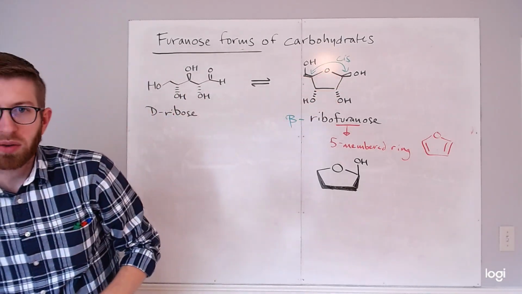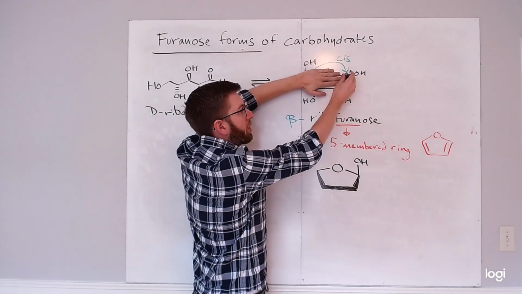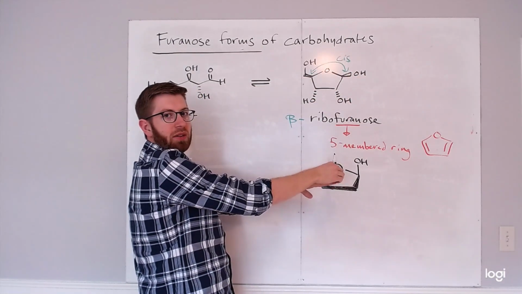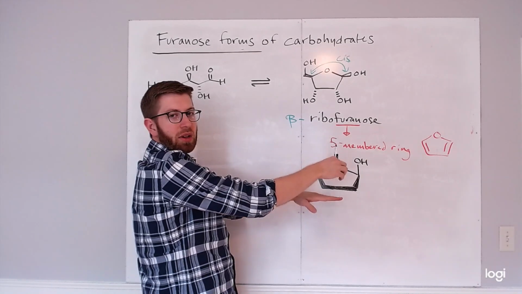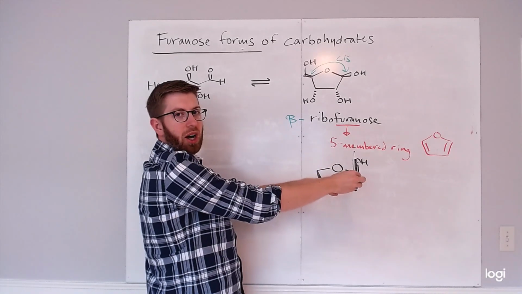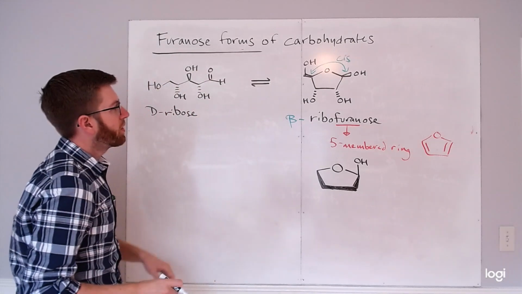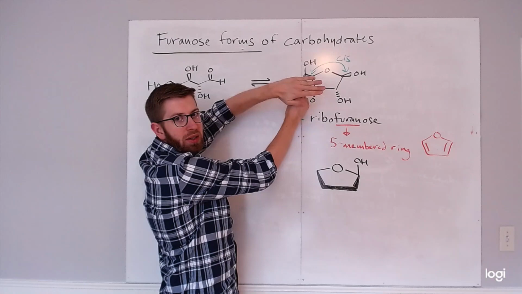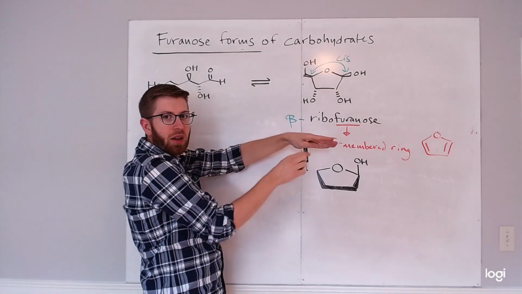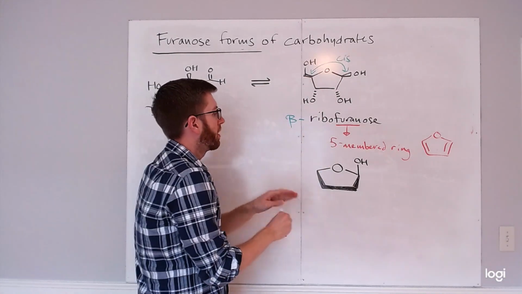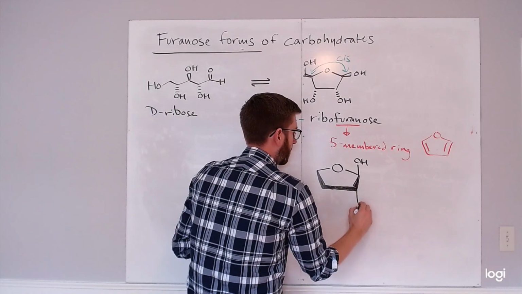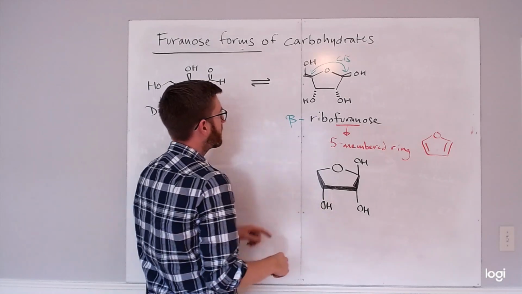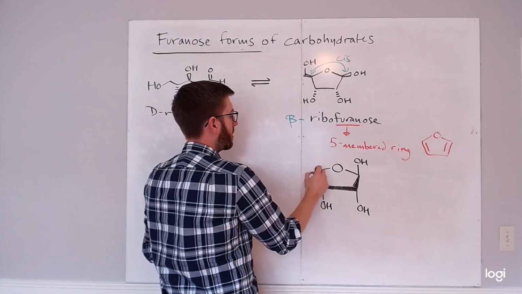So if our OH group is pointed up in this perspective, and I rotate the ring to the perspective I'm looking at here, it's going to be an OH group pointed up. The same is true for a dashed OH. That's projected away from us, and as we rotate the ring, that OH group is pointed down. So we'll add our OH here. Same thing for the next carbon going clockwise, and then our CH2OH group is pointed up.